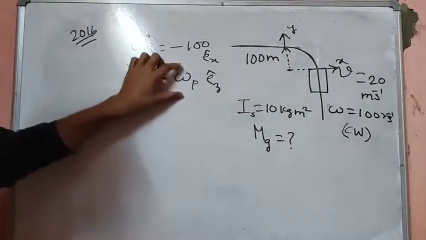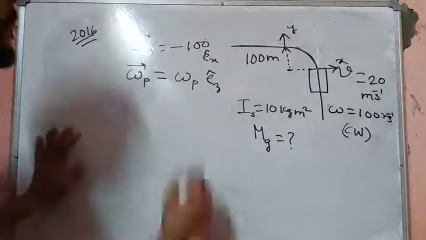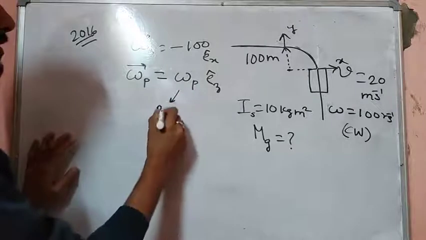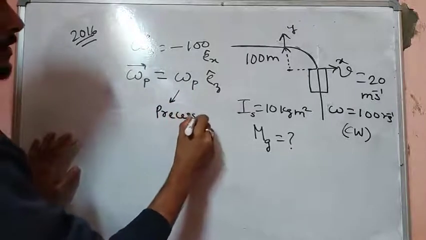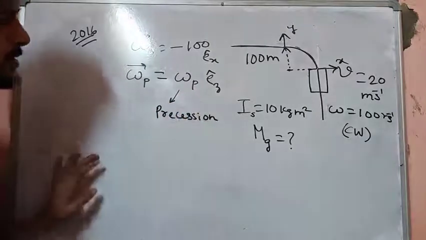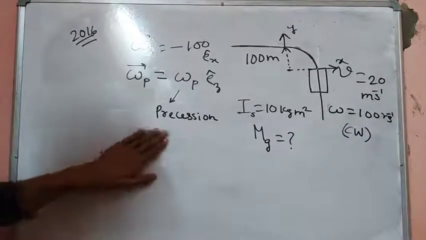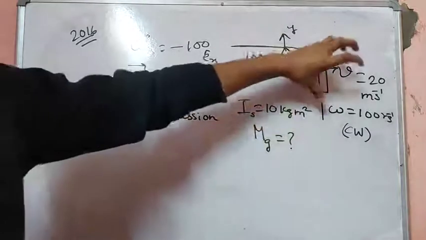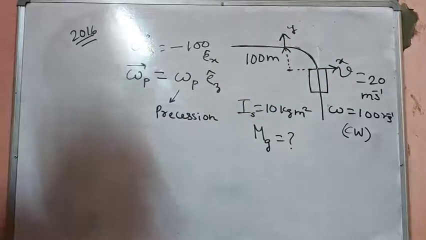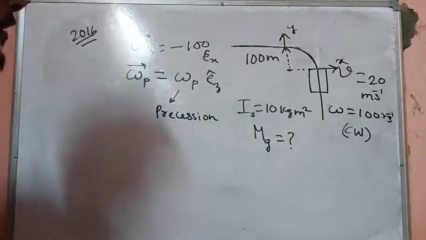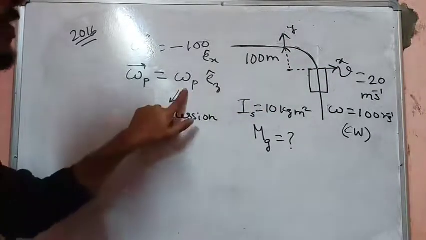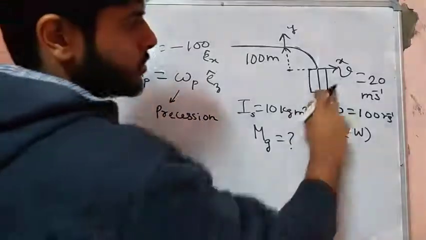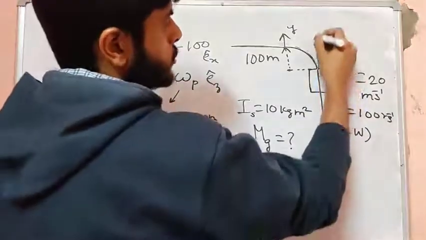This is called the angular velocity of precession. Basically the spinning axis is precessing. So how do we find this omega p? We know the linear velocity is known.